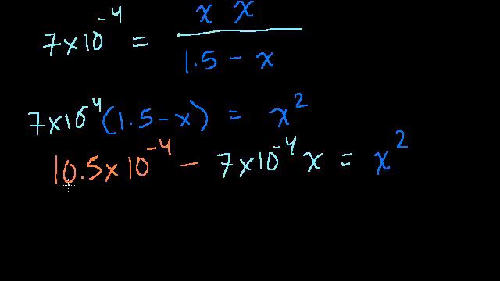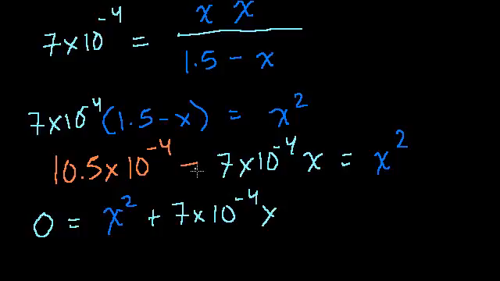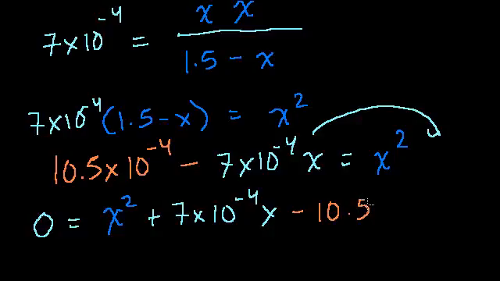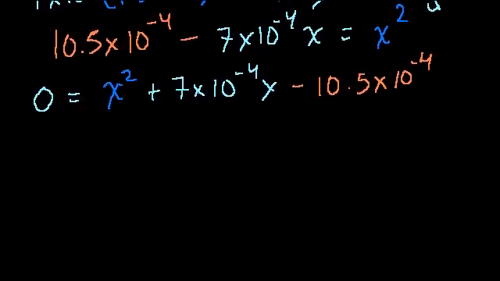If I subtract this from both sides and add this to both sides, I get 0 is equal to X squared plus 7 times 10 to the minus 4th X, minus 10.5 times 10 to the minus 4. Now this is a quadratic equation, and we can solve it and get the answer.